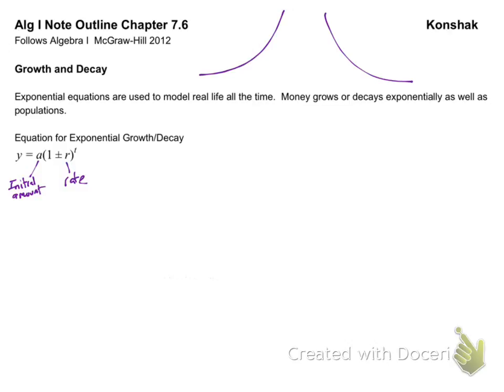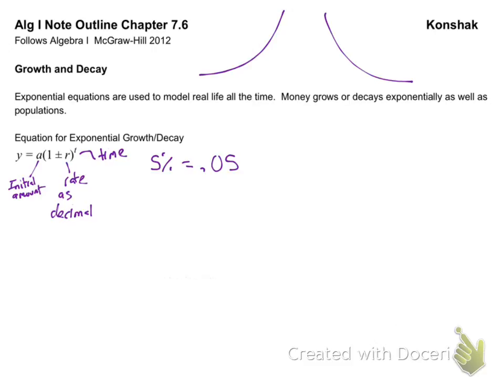We're using 5% as a decimal, so 5% is equal to 0.05. I move the decimal place 2 places to the left. 1, 2. And that's why you get that. So the rate as a decimal, and the exponent is t for time.